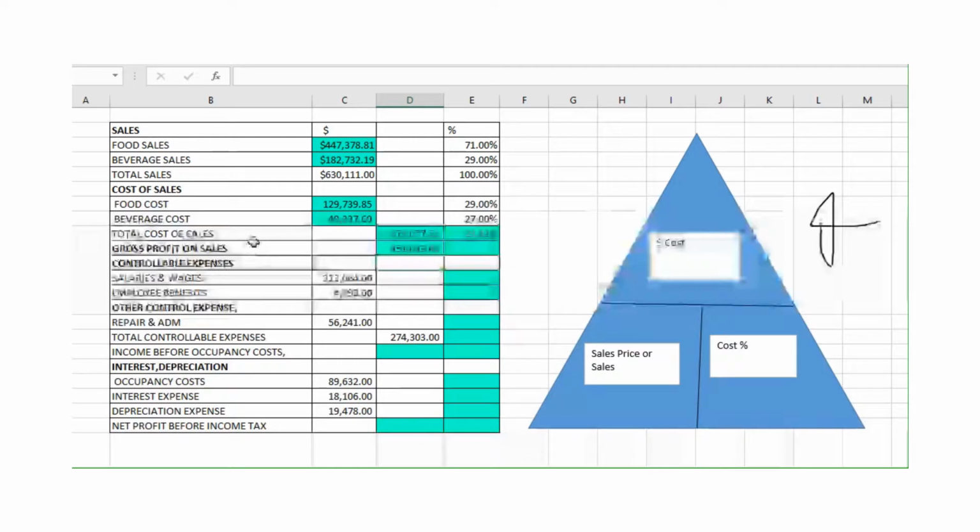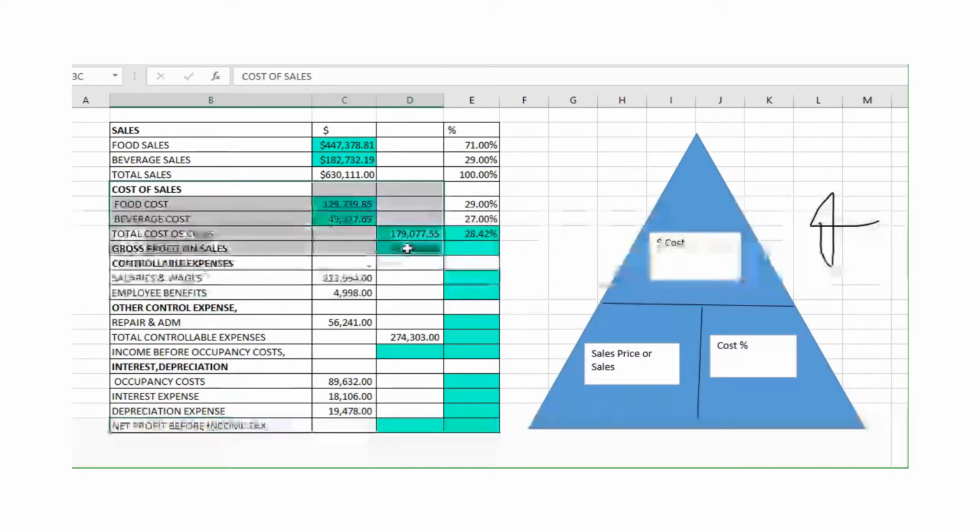Now, at this point, I'm going to note that our gross profit on sales, our income before occupancy costs, and then our net profit before income tax, those are all just running profit numbers. And we do that just to be able to measure efficiency and see what proportion of our cost is being taken up in different cost categories. For instance, our cost of sales is a category, our controllable expenses, other controllables, and then interest and depreciation.